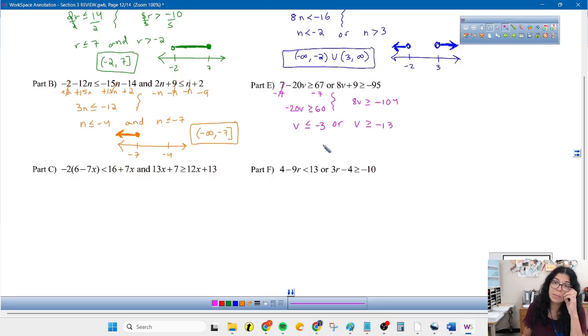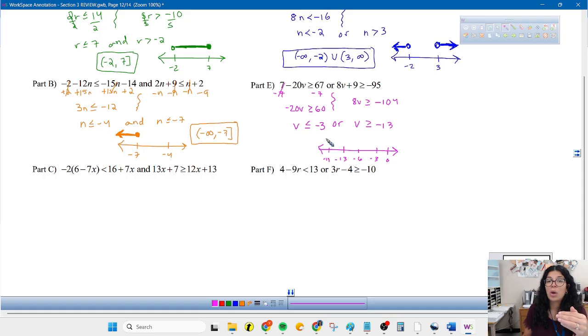Now if we think about those numbers, which numbers are going to be more than or equal to -13 or less than or equal to -3? That would be all numbers. If we're thinking about any number that we could think of, -14 or even 0 or -6 or 30, any number would fit into one of these two categories.